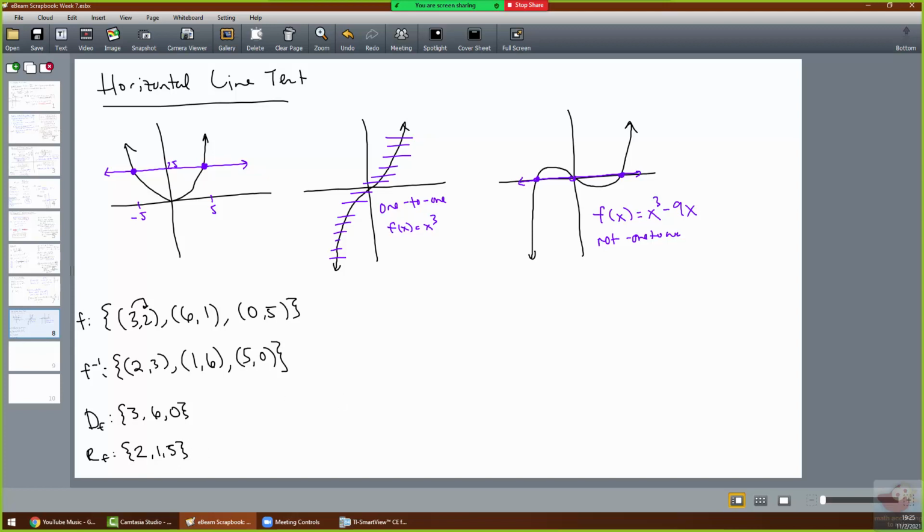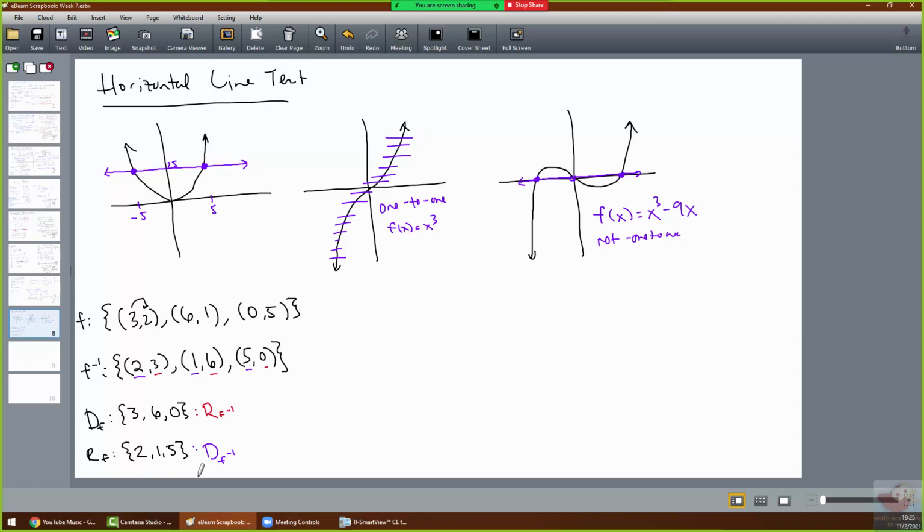Excellent. And now let's look at the function inverse. Notice the domain of f inverse is 2, 1, 5, and that happened to be the range of the original function. Likewise, the range of the function inverse, 3, 6, 0, happened to be the domain of the original function. And that will always be true.